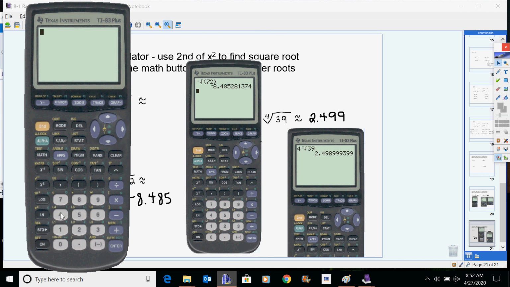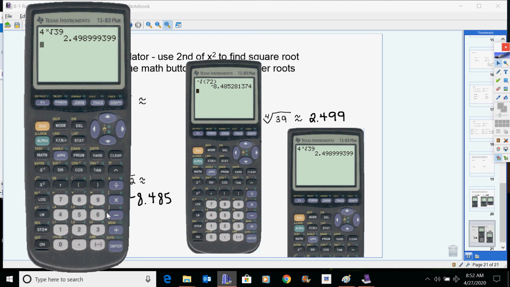Like if I want to do the fourth root of 39, I need to go into the math, and here option 5 is my root button. Fourth root of 39, and we'd hit enter.